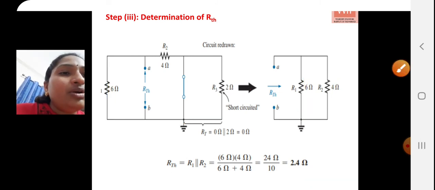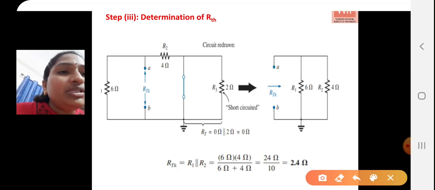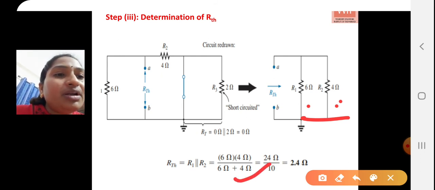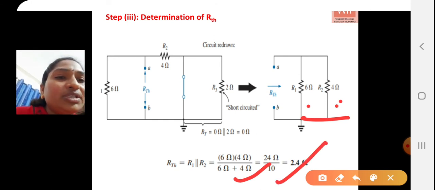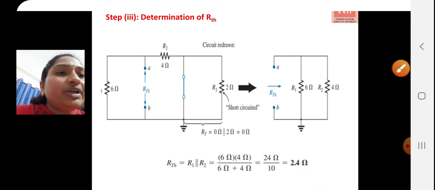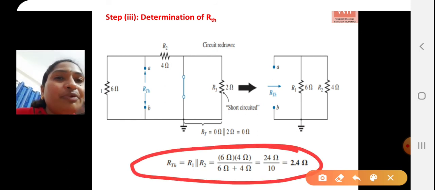The parallel combination of these two branches will be 6 into 4 by 6 plus 4. That's what I have written here. This R1 and R2 both are in parallel. Then we have the equivalent resistance of 2.4 ohms. 6 into 4, 24 by 6 plus 4, 10. So finally Thevenin's resistance will be 2.4 ohms.